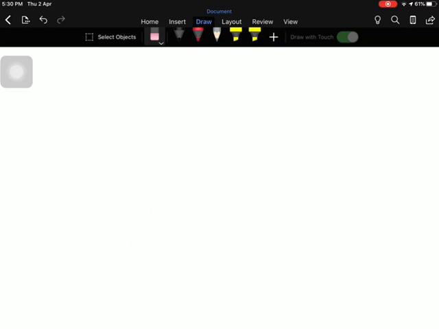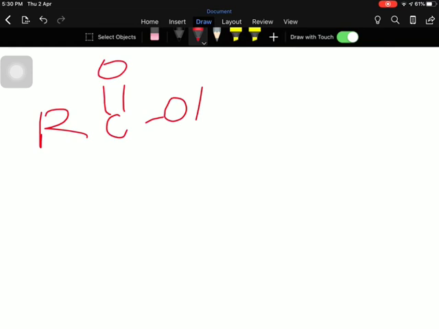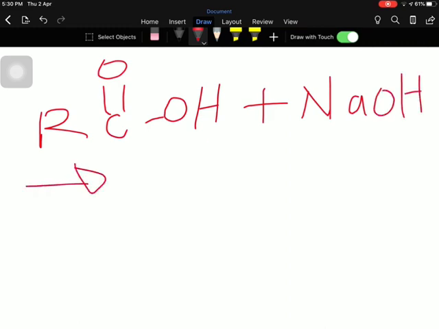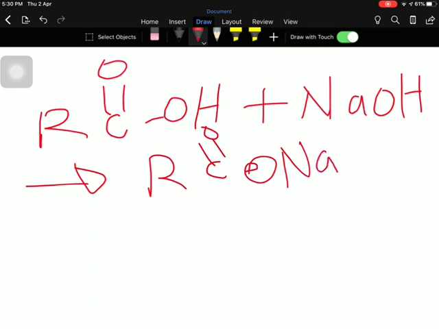If we have R C double bond O, a carboxylic acid, first we react it with sodium hydroxide, NaOH, as the base condition, to get the carboxylic acid salt, RC double bond ONa.